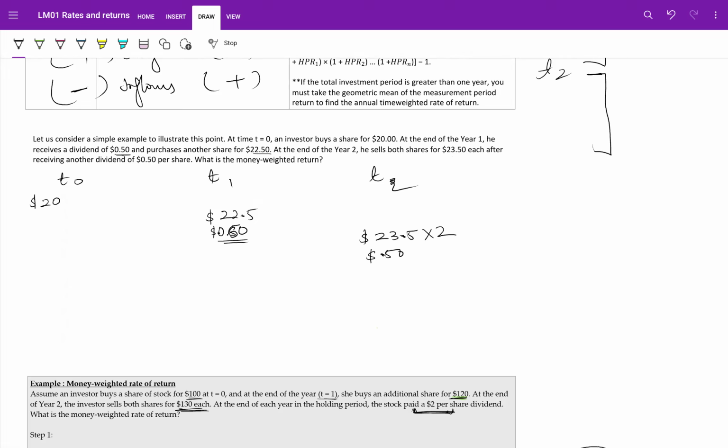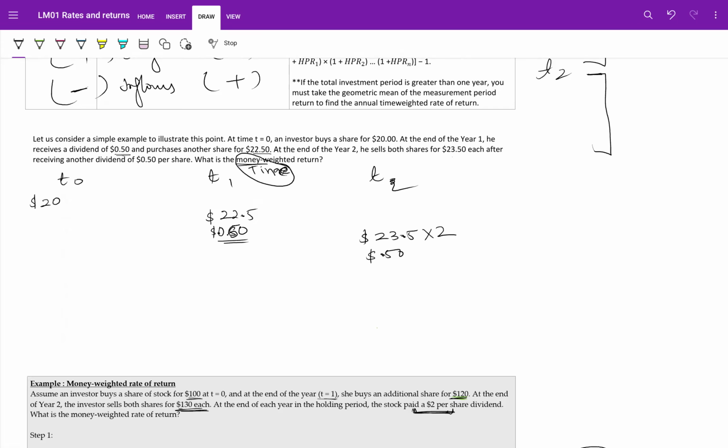At time zero, $20, the value of the portfolio at the end of time one, before we purchased a new share. So this is the beginning of the period and the end of the period. When we talk about the time weighted rate of return, we are solving the same example.